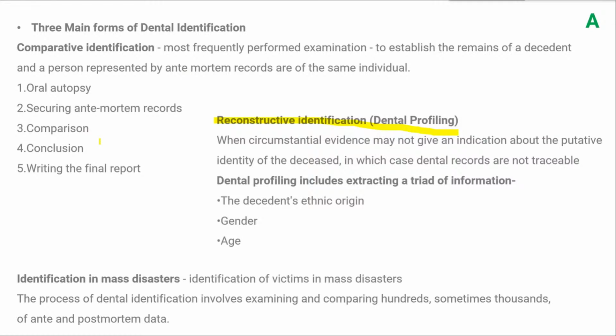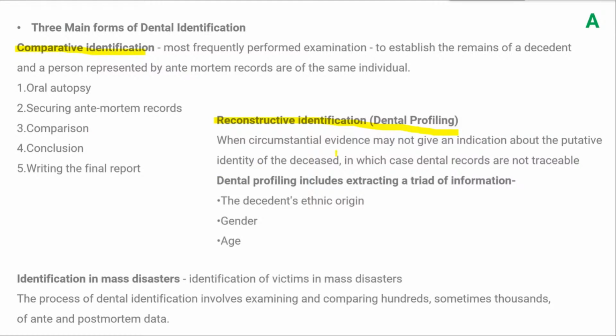With that we will say either positive identification, negative identification, or probable identification, meaning we are identifying the patient using these two records, that is the previously available dental records and the oral autopsy report. That is why it is called comparative identification.